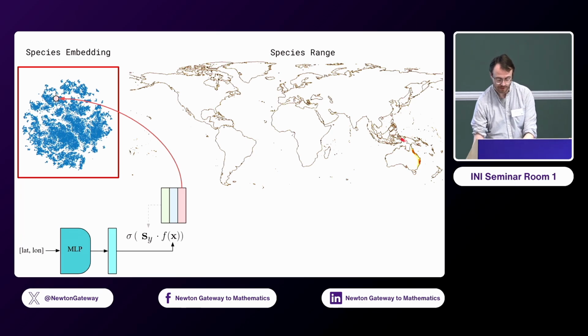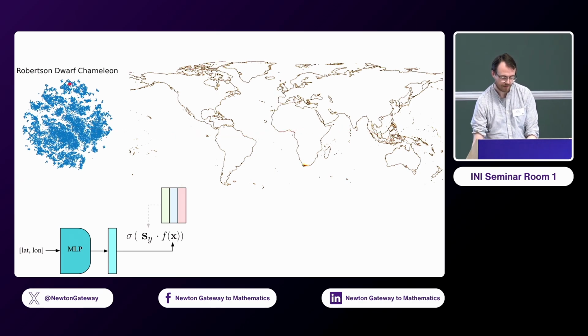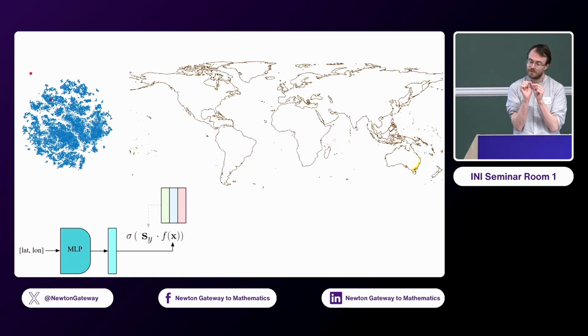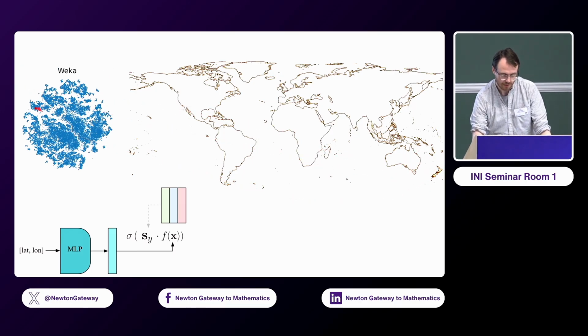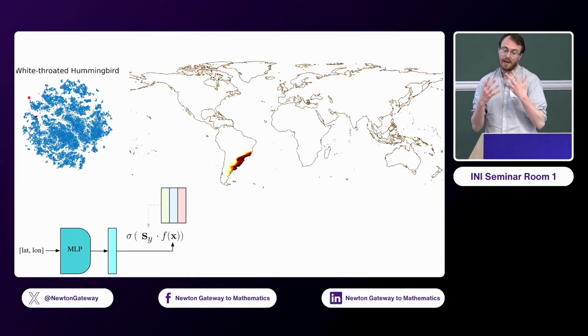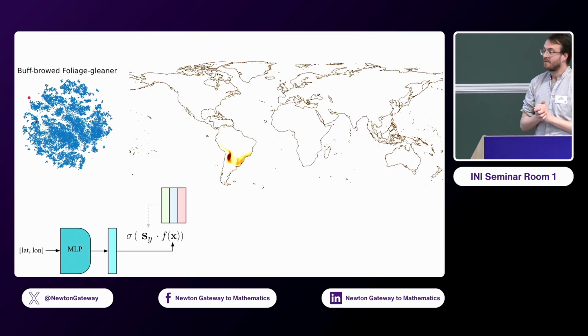Now I'll show you an animation where we're walking around this space of species. I know it's confusing, I have 2 red dots, but hopefully you can see this other red dot. As we move around, when the dot doesn't move too far from its previous position, you end up seeing very similar distributions here on the right. But when it makes a big jump, for example, now it's jumped into New Zealand, it represents different geographic regions.